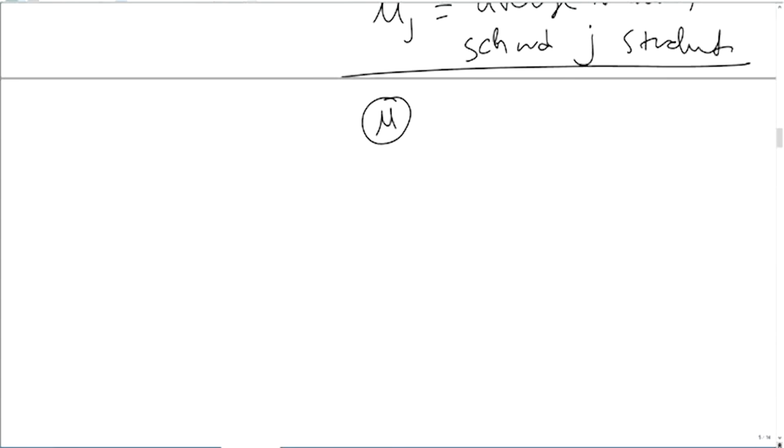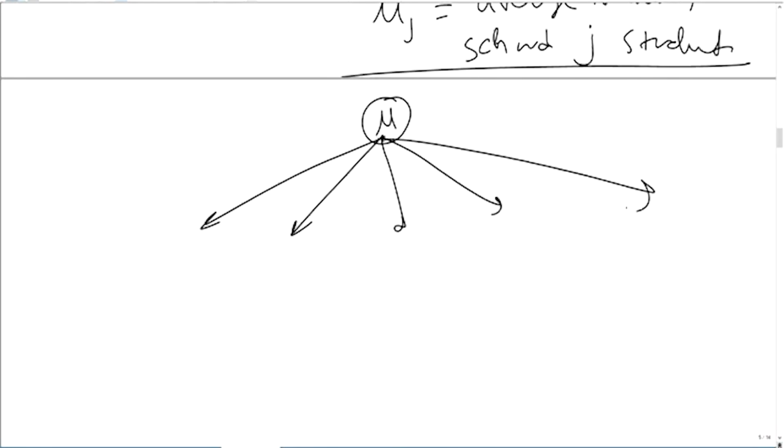So, this mu indicates average marks scored by entire student population of India. Okay. So, you can call this population level average. Now, conditional on this population average, you have school level averages.